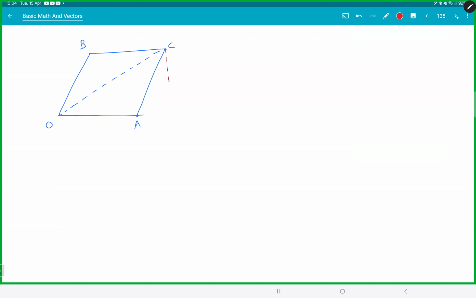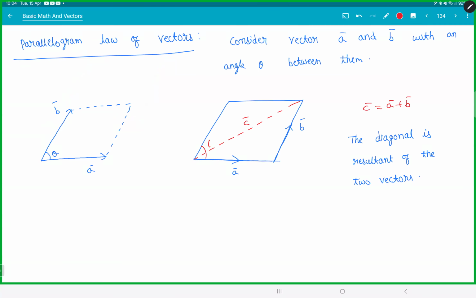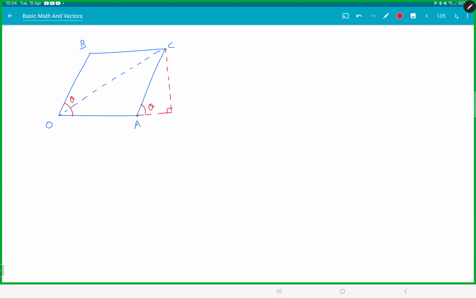From here, drop a perpendicular. This angle will be D. This angle is theta. This angle is also theta. So theta is given. That is the angle between the vectors. And this side is A and this side is B. Opposite side is B sin theta. The adjacent side is B cos theta.